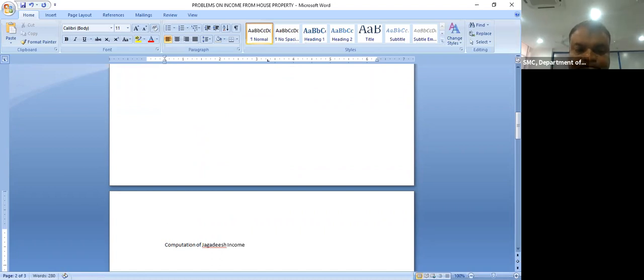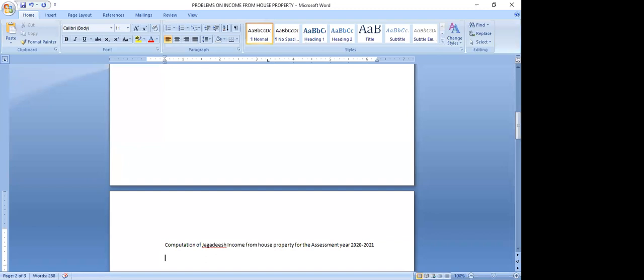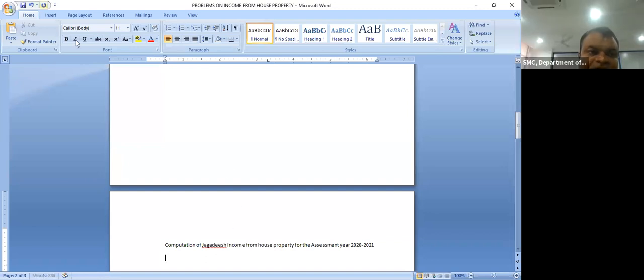Income from house property for the assessment year 2020-2021. Am I right? Yes, sir. After that, you have to draw the two columns.